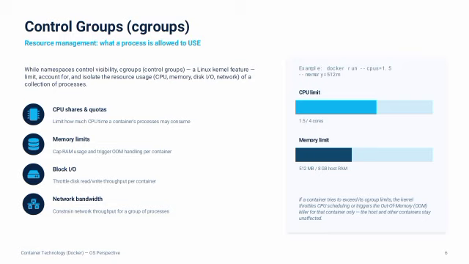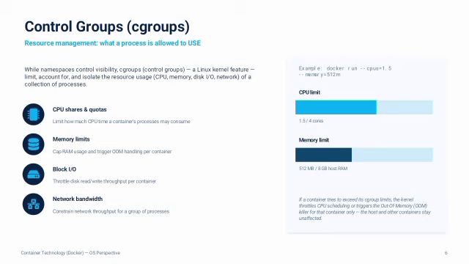For example, if I run a container with the flags --cpus=1.5 and --memory=512m, the kernel enforces those exact ceilings, as shown in the panel on the right.